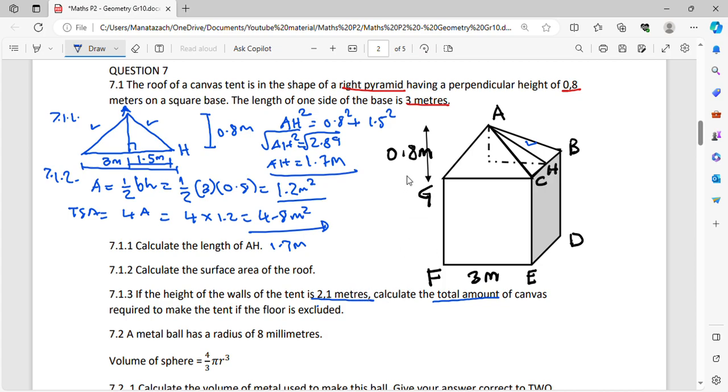So we've been given that the height here is 2.1 meters. So the volume will work out as V is equal to 2.1, which is the height, then the base is 3, and then that length over there is 3 meters as well.